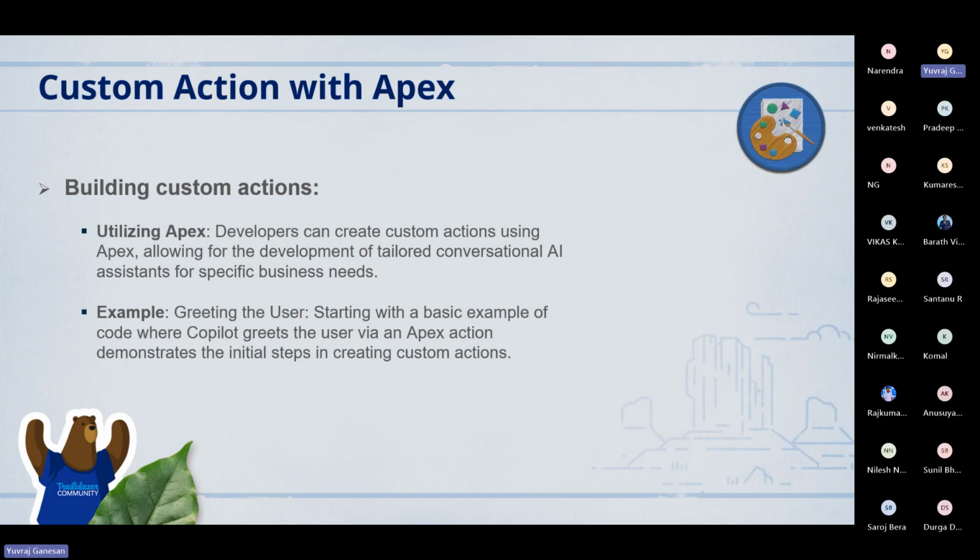I will show a demo of how to utilize that Apex class through Instant Copilot. The example is greeting the users, a basic example of how Instant Copilot analyzes which method to invoke and shows the response to the users.